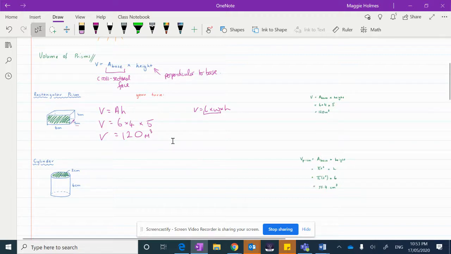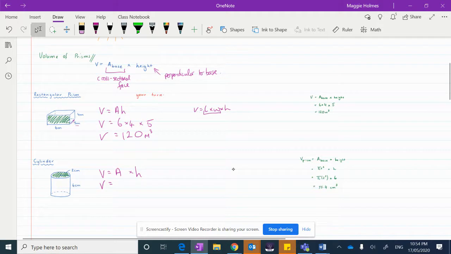Remember, cubed units. Cylinders, as I said, are not prisms, but they act the same way for the purposes of volume. So we're looking again for our cross-sectional face, which is the circle. It's going to be the area of that multiplied by the height, as in how far back through space that circle goes.